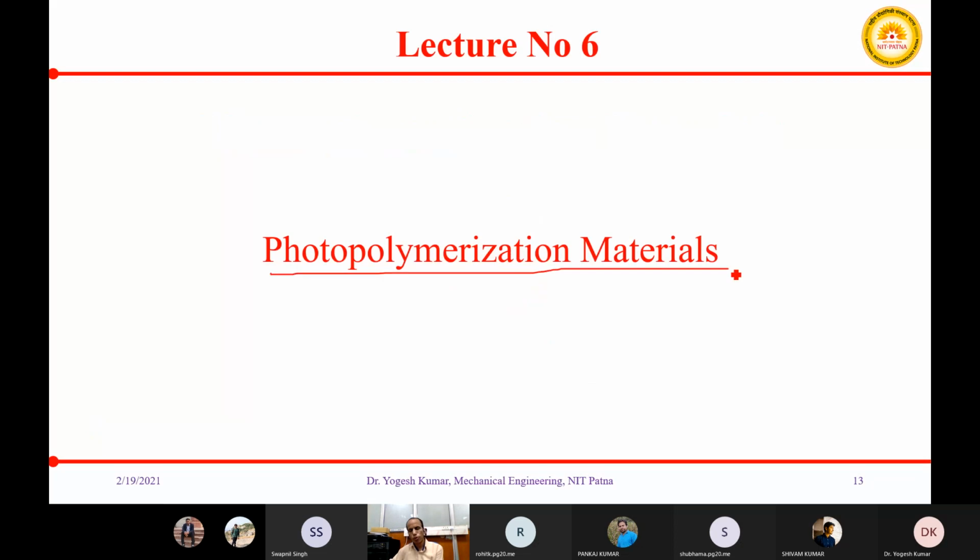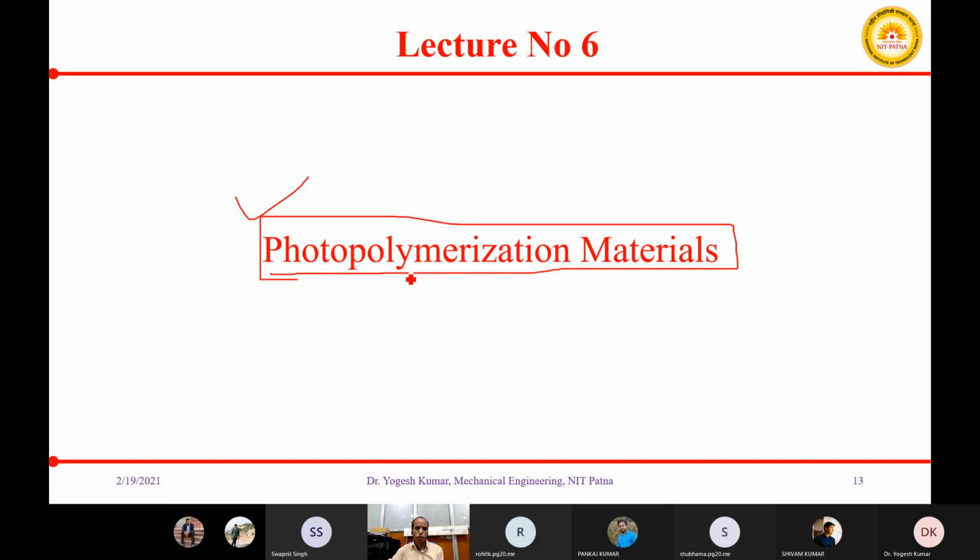I will not go much into the chemistry part because in polymerization some reactions take place, but I will not be touching that part. If you are more interested, you can even Google the chemistry part.